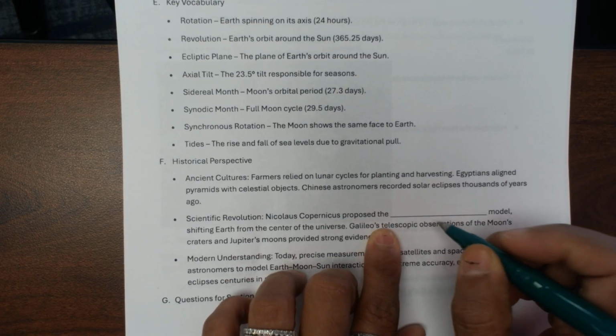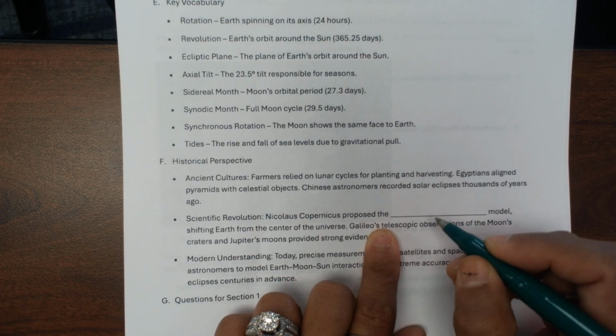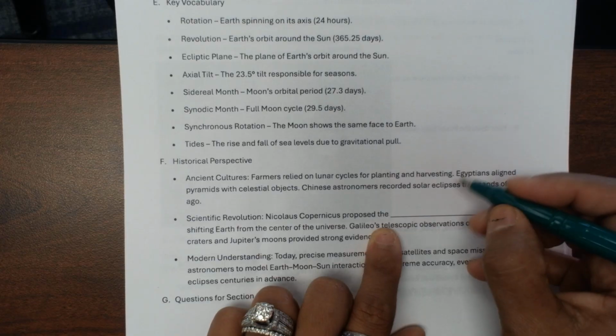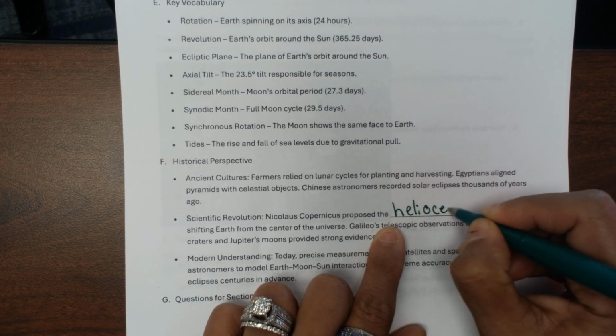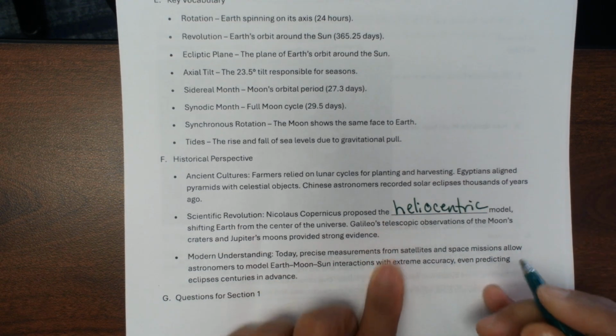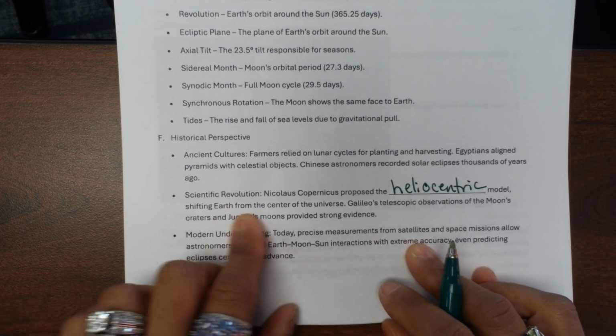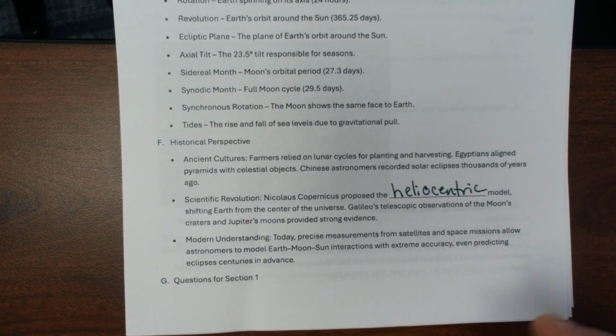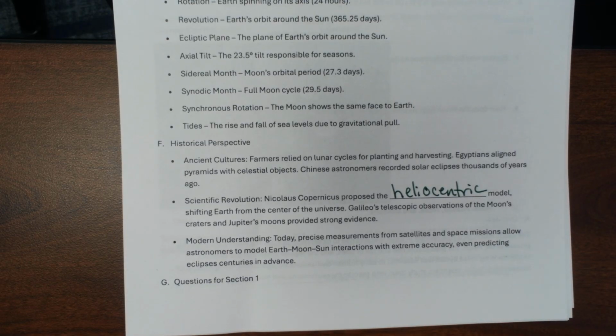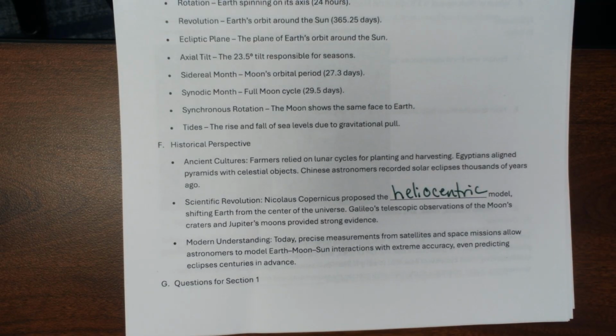Copernicus proposed, and we know this word, the heliocentric model, shifting Earth from the center of the universe, and now it's the sun in the center. Or it's not even the universe, it's our personal solar system.